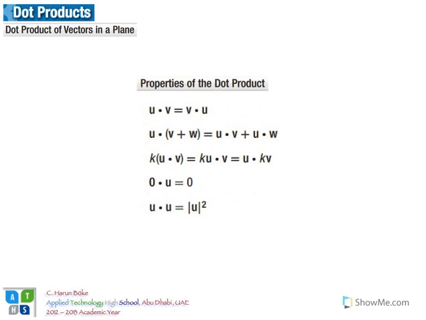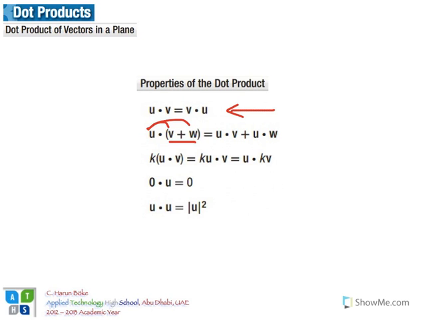If we look at the properties of dot products, we see that it is like a normal multiplication operation. We can change the place of the vectors and the result does not change. We can distribute one of the vectors over the other vectors like this.